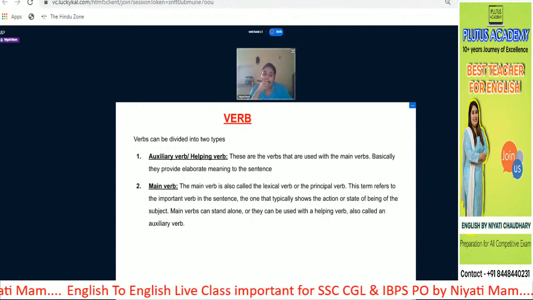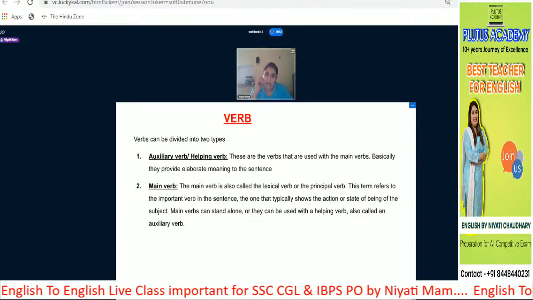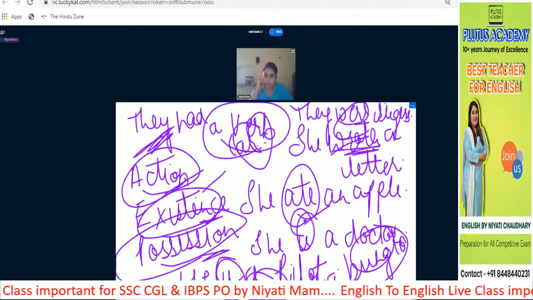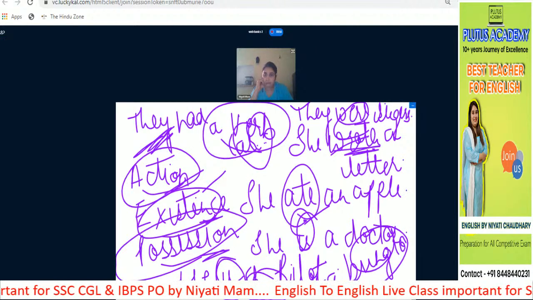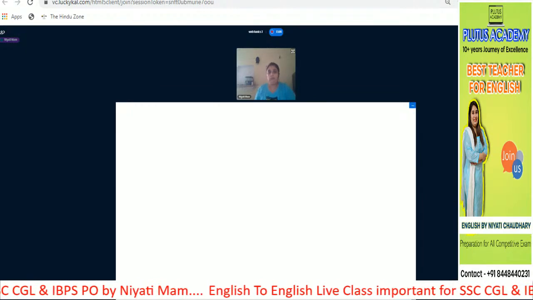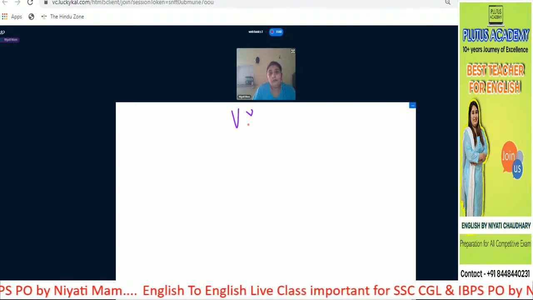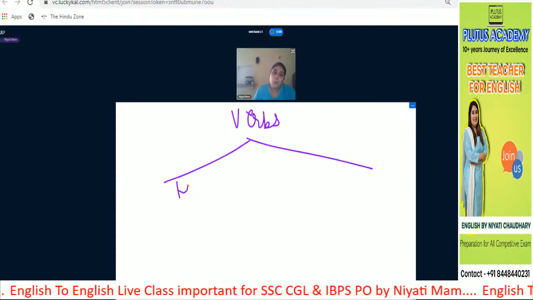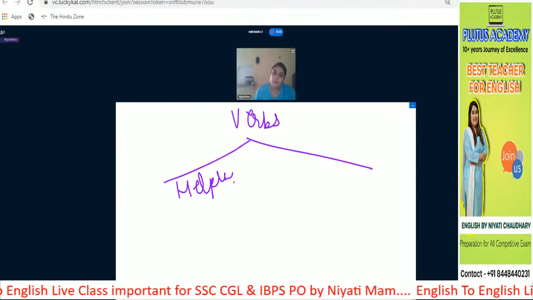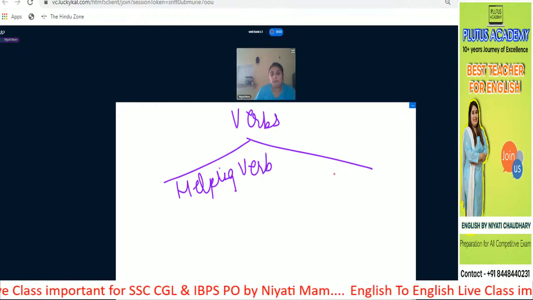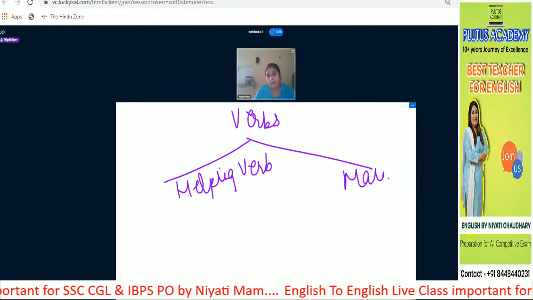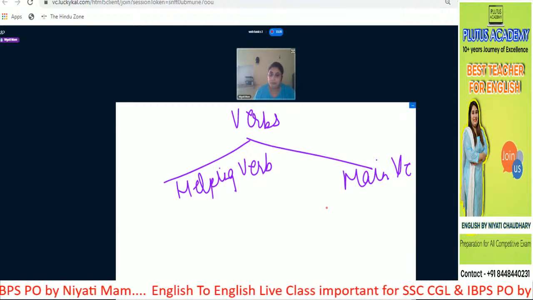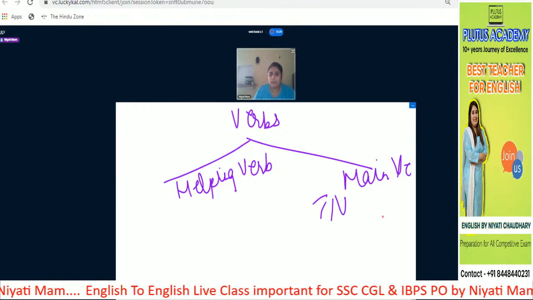Okay, verbs can be divided into two parts. Verbs are of two types. One is helping verb. Another one is main verb. In main verb, transitive verbs are there.